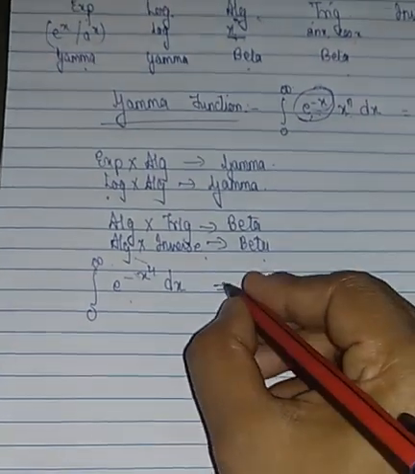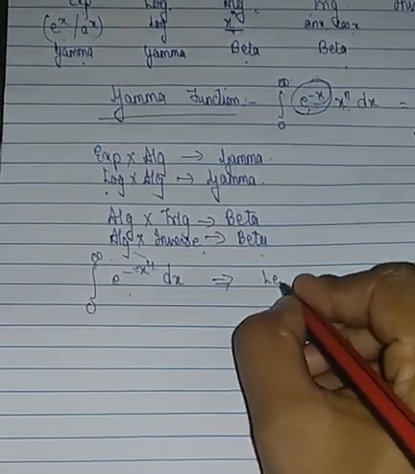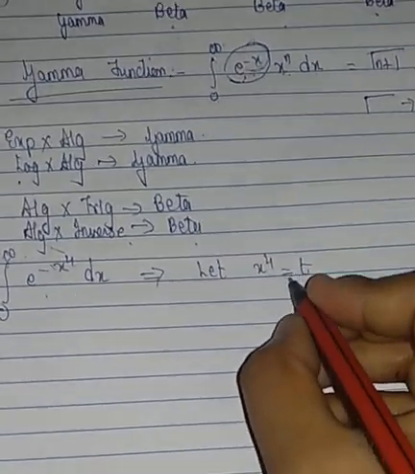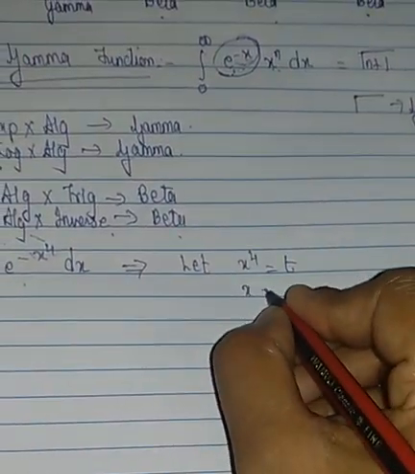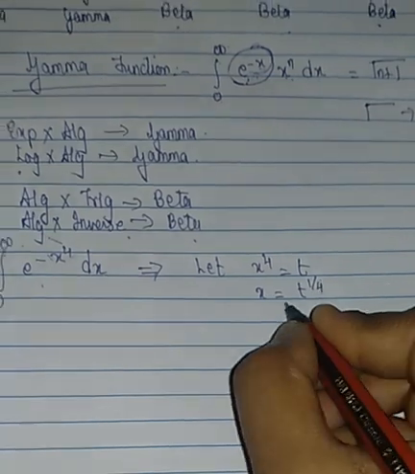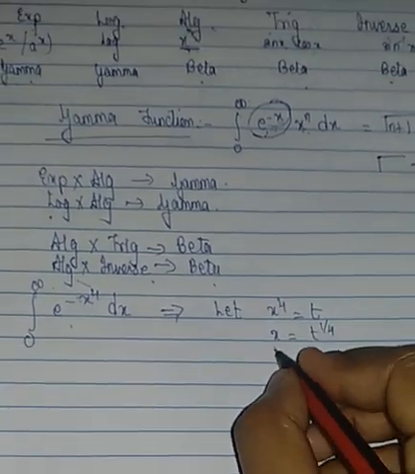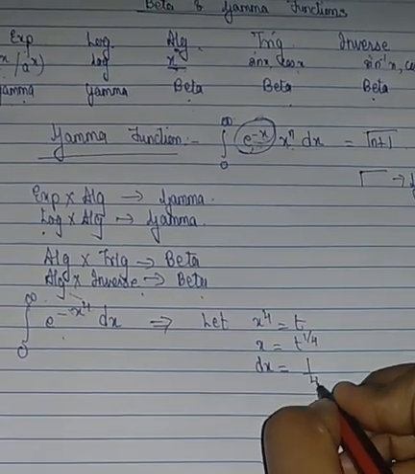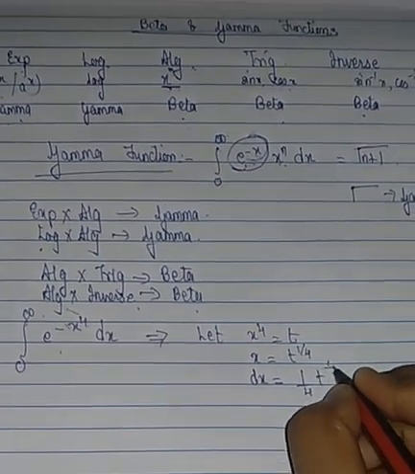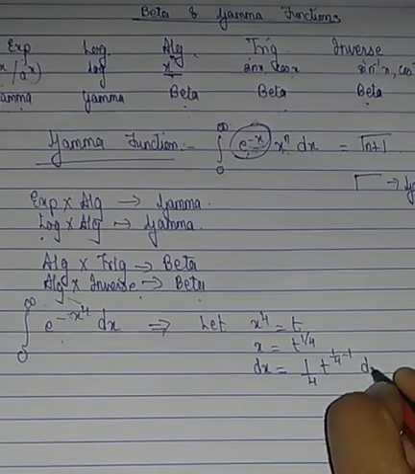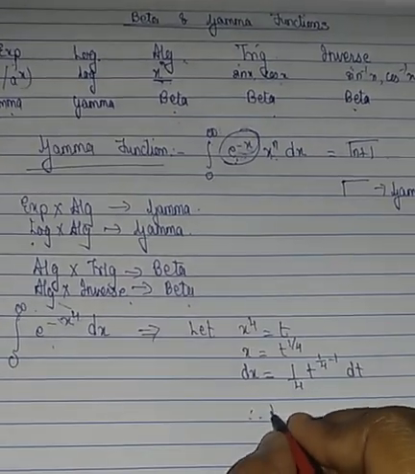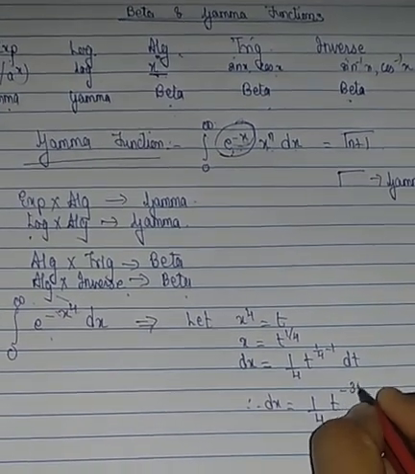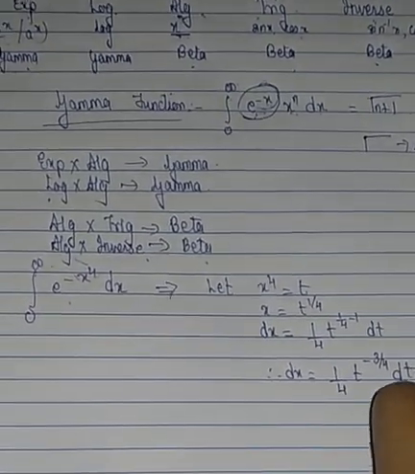So in this case, we'll go for a substitution. What's the substitution? Let x raised to 4 equal t. As soon as I've written x raised to 4 equal to t, I'll write x equal to t raised to 1 by 4. Why have I written x equal to t raised to 1 by 4? Because I'm interested in dx. What is my dx? It is 1 upon 4 t raised to 1 upon 4 minus 1 into dt, which gives me dx equal to 1 upon 4 t raised to minus 3 upon 4 into dt.